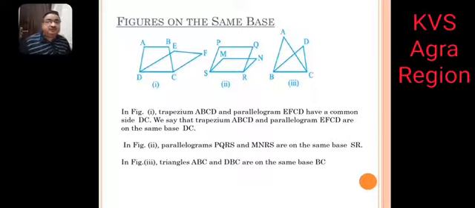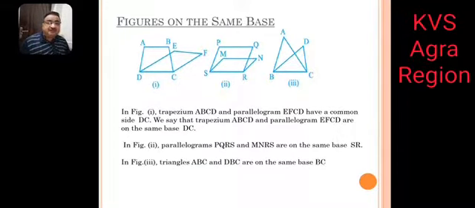Now, figures on the same base. In figure 1, trapezium ABCD and a parallelogram EFCD have a common side DC. So, we say that trapezium ABCD and parallelogram EFCD are on the same base DC.